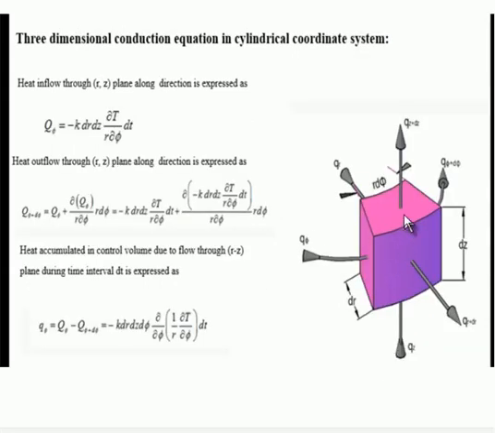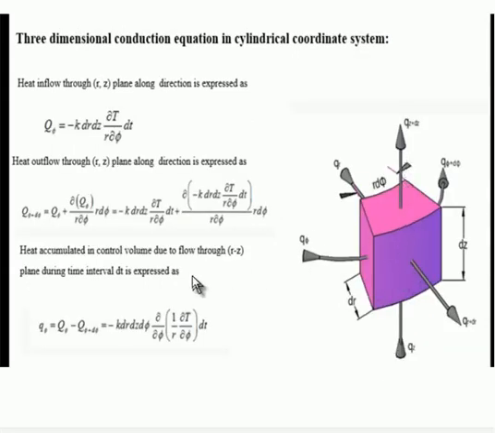Instead of Qz we have to write this, and the remaining is the same. Next, heat accumulated in the control volume due to the flow through the r plane during time interval dt is expressed as follows. Small qz is this minus this, that is Qz minus Qz plus dz, which gives the heat accumulated in this direction.